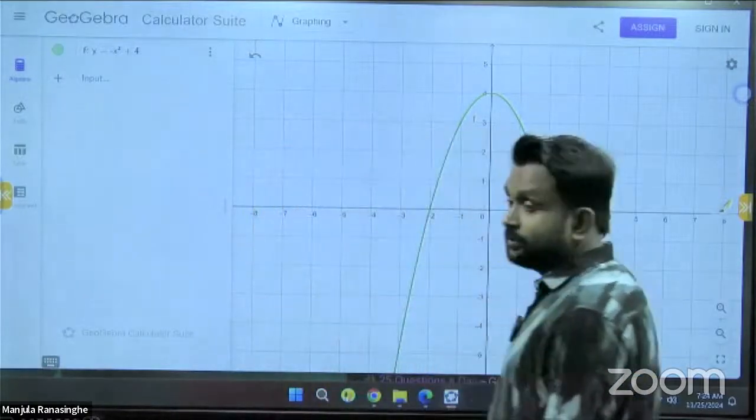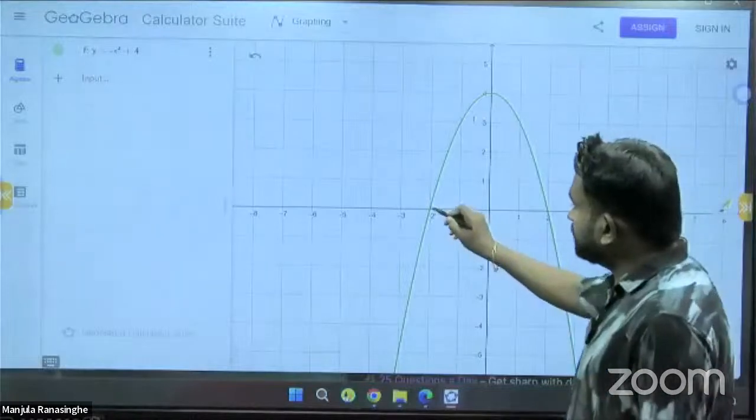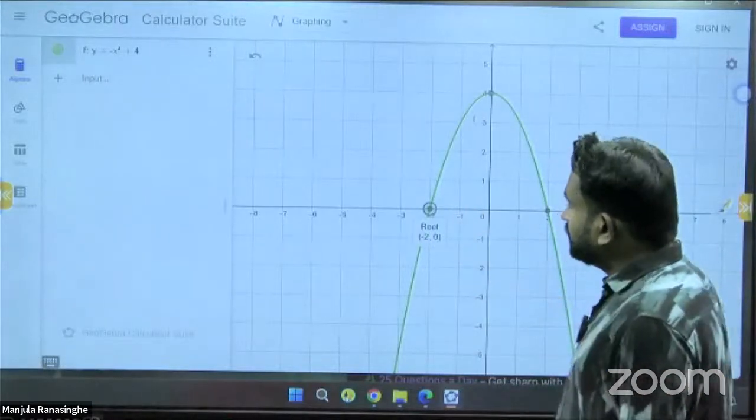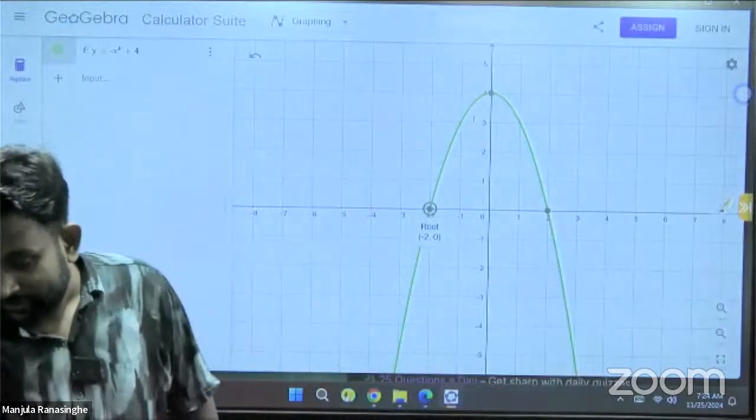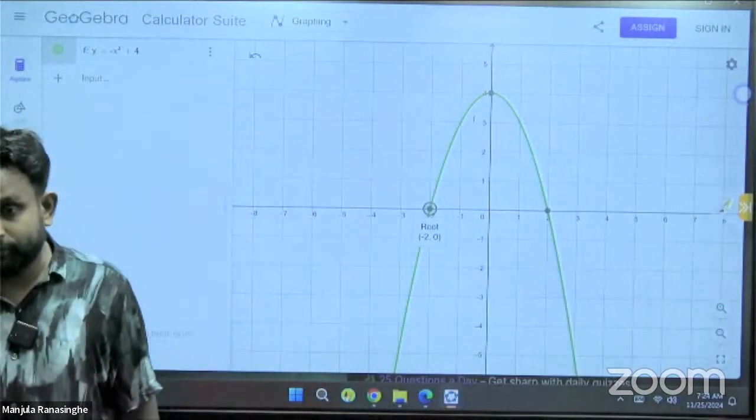Now you can see the properties of this graph here. So this is what they are asking. Yes, this is GeoGebra.